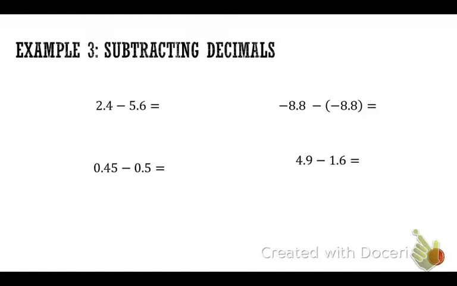If you remember yesterday with decimals, we deal a lot with absolute value, okay? So the first question you have to ask yourself, is this same sign or different? All right, so let's look at the first one. 2.4 minus 5.6. Is this same sign or different? Different. So different signs, what do we do? Subtract their absolute values.